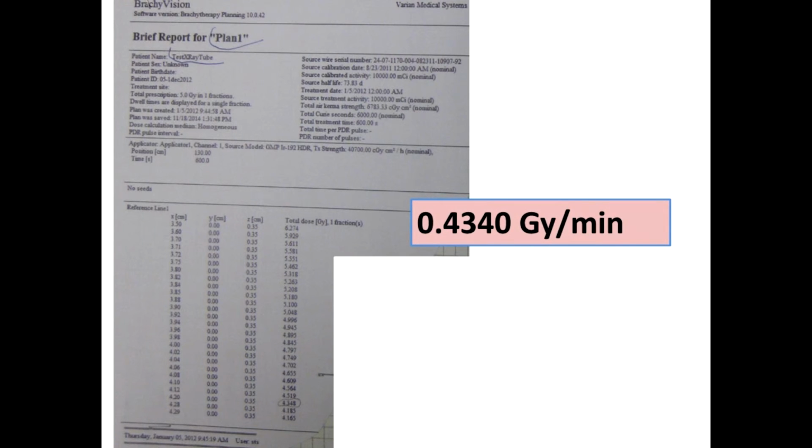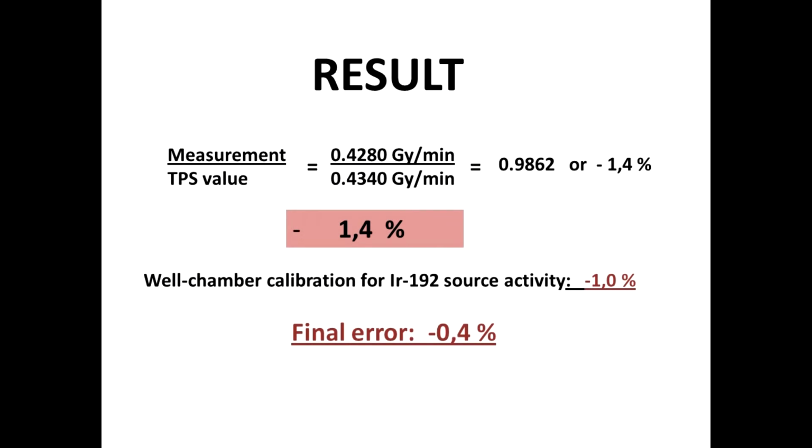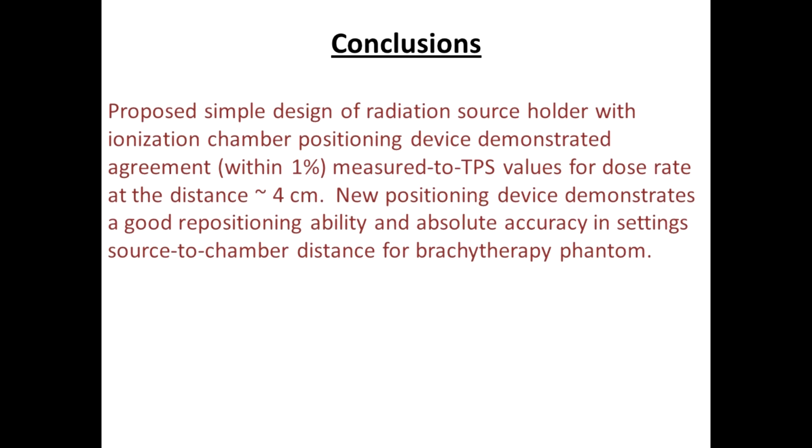The difference of measurement to the treatment planning system value is minus 1.4%. And if we take into account the absolute calibration of the iridium source measured by the well chamber, minus 1%, we have our final error of minus 0.4%. This is a very acceptable result.